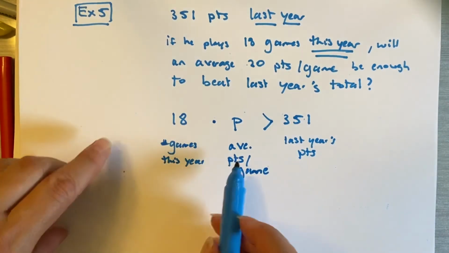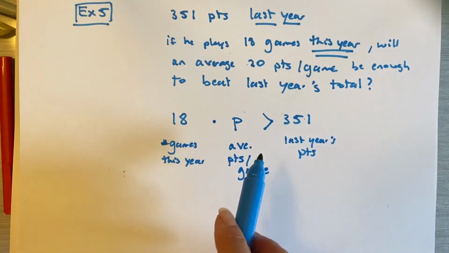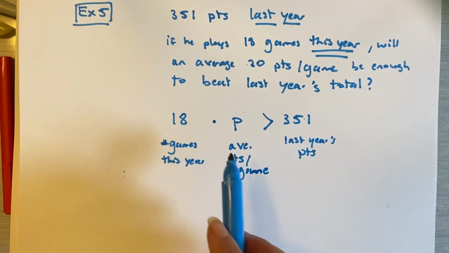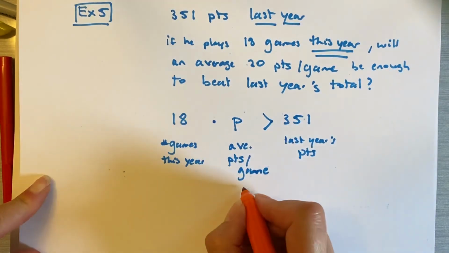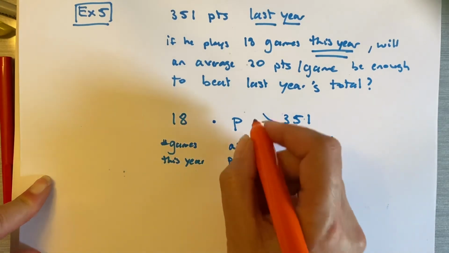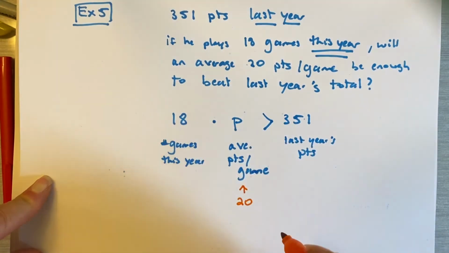Average points per game times 18. We want 18 times whatever P is to be greater than 351. Okay? So let's try 20. Will 20 help him beat his score? If we put 20 in for P, if he does an average 20 points per game, is that going to help him beat that score?